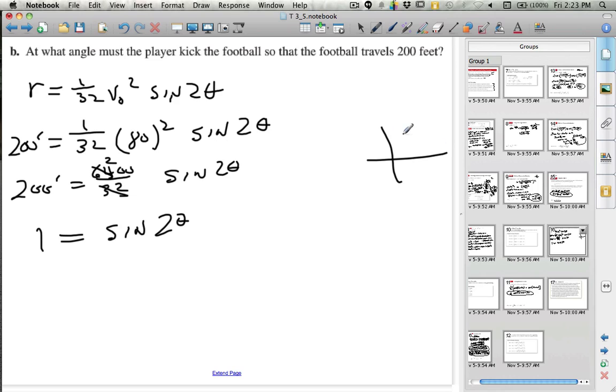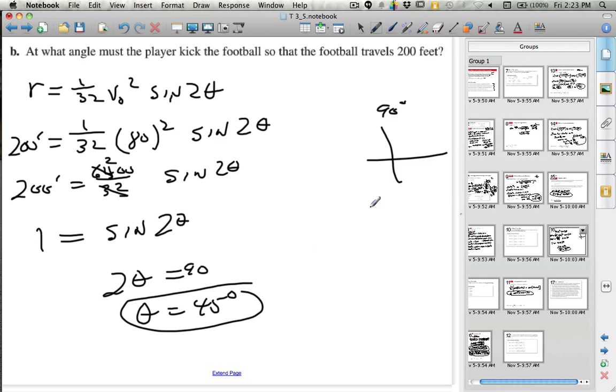Well, sine equals 1 up here at 90 degrees. So I know that the sine of 2 theta is equal to 1. That means that 2 theta is equal to 90 degrees. So theta is equal to 45 degrees. So this is the angle he needs to kick at in order to get the ball to go 200 feet.